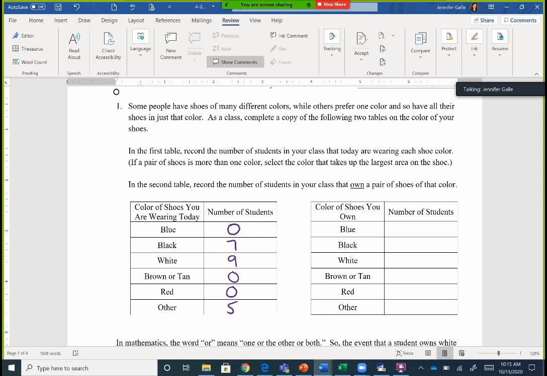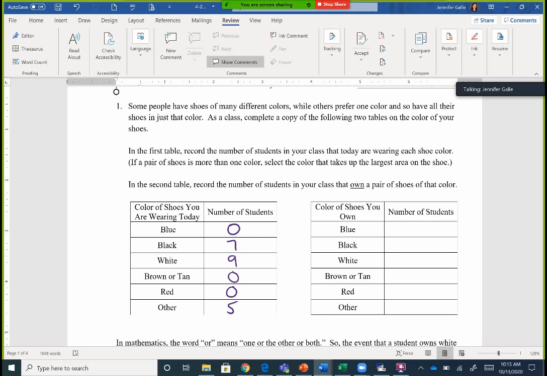Okay, so now our other task is you have to think about and get as close as you can. I know some of you are like, Miss Guy, I have a walk-in closet just loaded with shoes. And others of you are like, Miss Guy, the shoes I'm wearing today, I have these and a pair in my gym locker and that's all I got. So, to the best of your knowledge, how many of you own blue shoes?